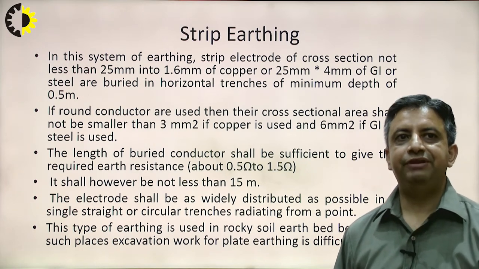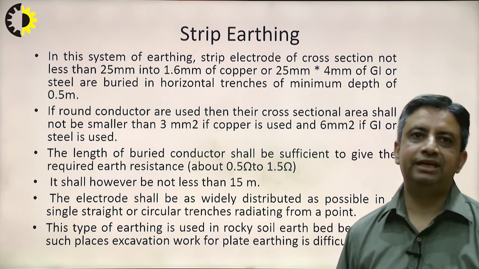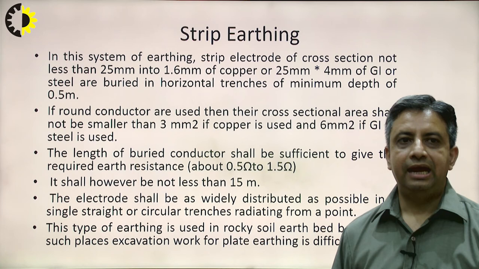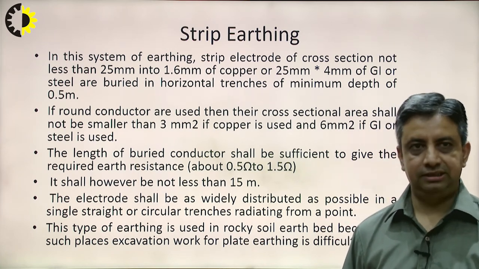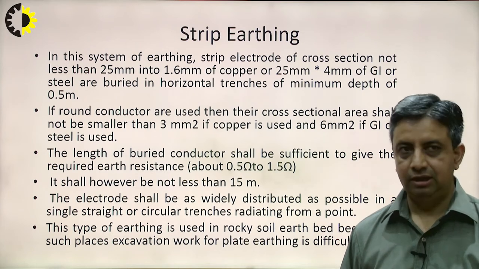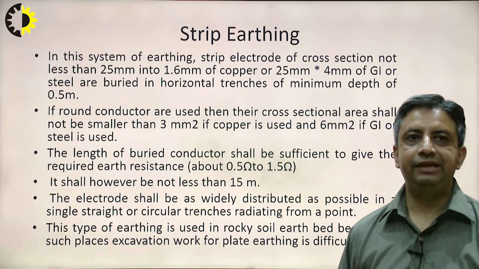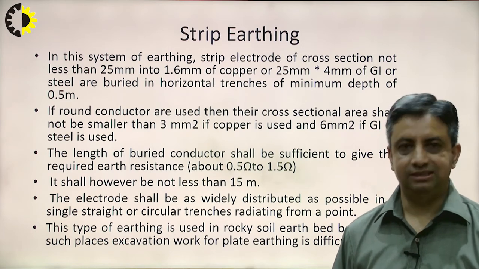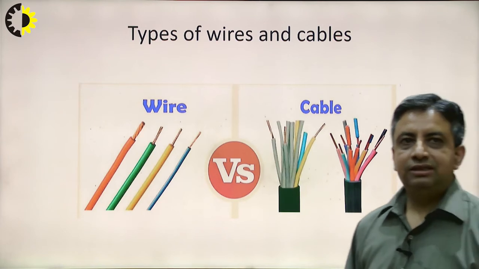That's why we have this strip type of earthing. With the help of this, we increase the cross sectional area, and with that, we can reduce the earth resistance to the required level. So depending upon the application, we can opt for any type of earthing that we have discussed here. Now with this, I finish with the earthing.